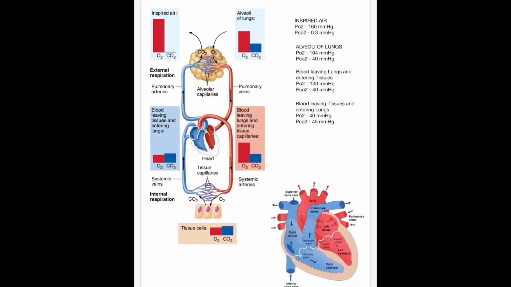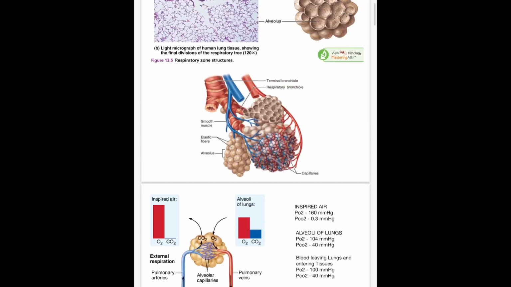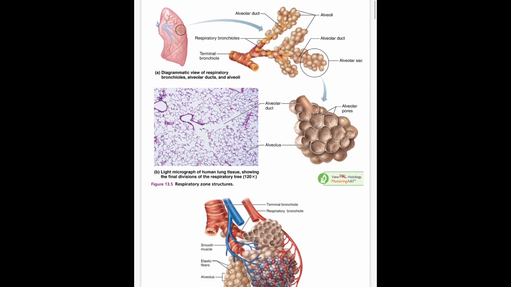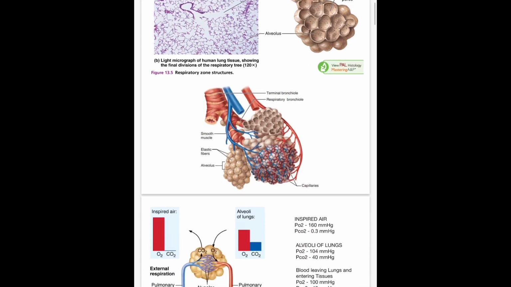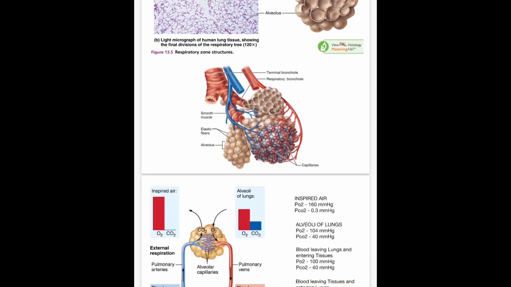So when I say alveoli, where do you see these alveoli? Alveoli are tiny sac-like structures you see in the terminal bronchioles of the lungs. So these blood vessels are basically attached on the surface of the alveoli to make the transport of gases easier.